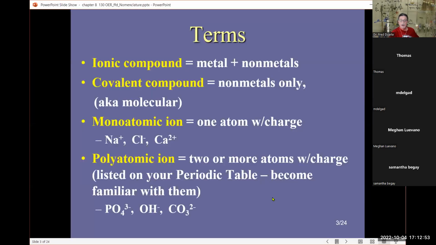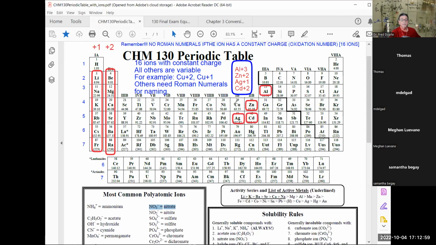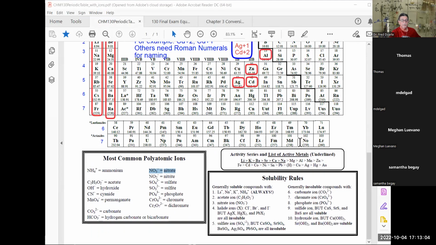All right. Now, the polyatomic ions, where are they? Well, I direct you to the periodic table. Down in the bottom left corner, we have labeled most common polyatomic ions. That is by far not a full list. There's a lot more, but those are the most common ones that we're going to use here in Chem 130.